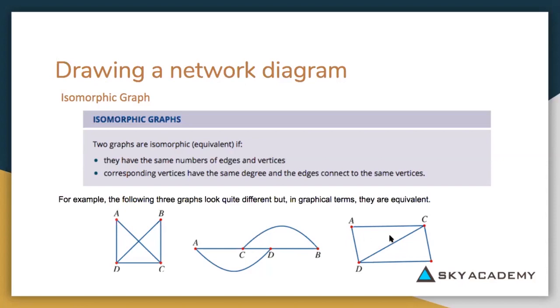In the first diagram, we can see that we have 1, 2, 3, 4, 5 edges. So we have to make sure the next two diagrams both have 5 edges to be isomorphic. So let's count up. 1, 2, 3, 4, 5.